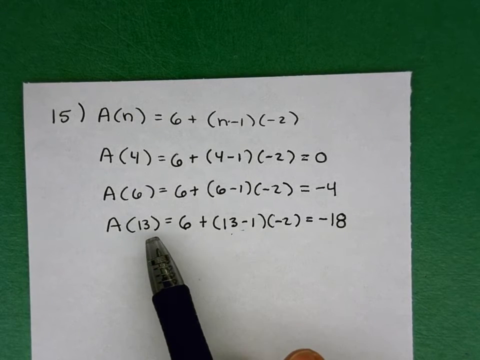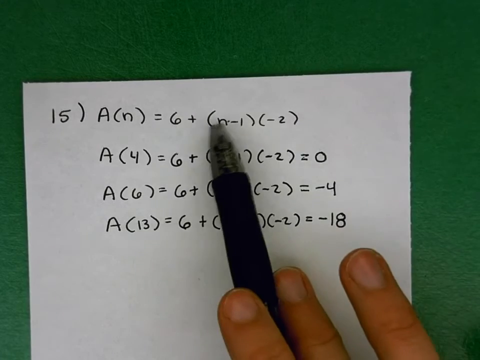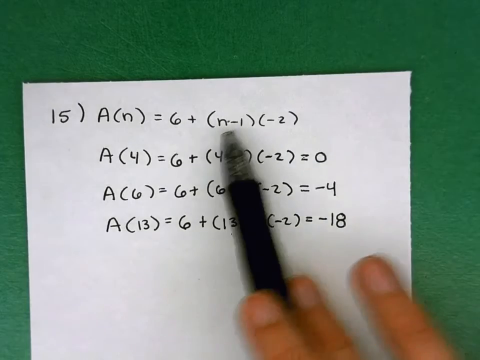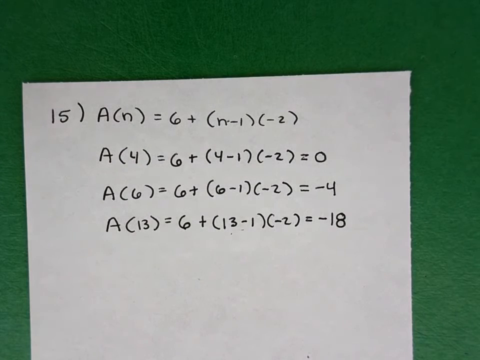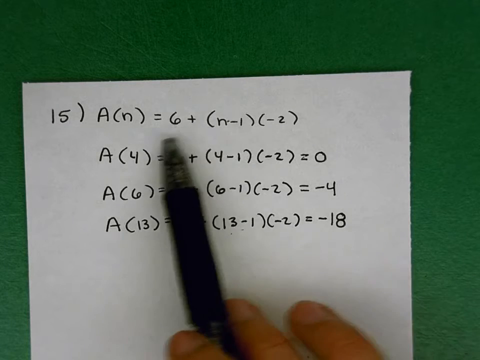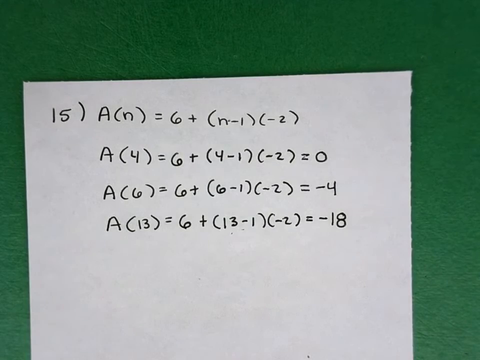We could find the 220th term, and we'd place 220 into the n's spot, and we'd be able to figure out what the 220th term is. And that's the nice thing about the explicit formula, is that if you're looking at a particular pattern, rather than having to extend that pattern out to the 220th term, that's going to take a lot of time. Rather than doing that, we write an explicit formula so that we can just plug in 220 and get what the term is.